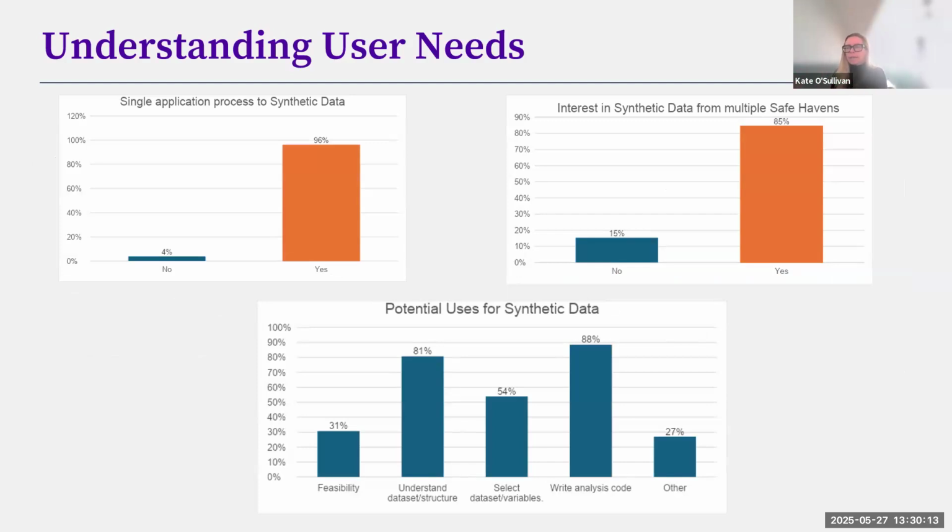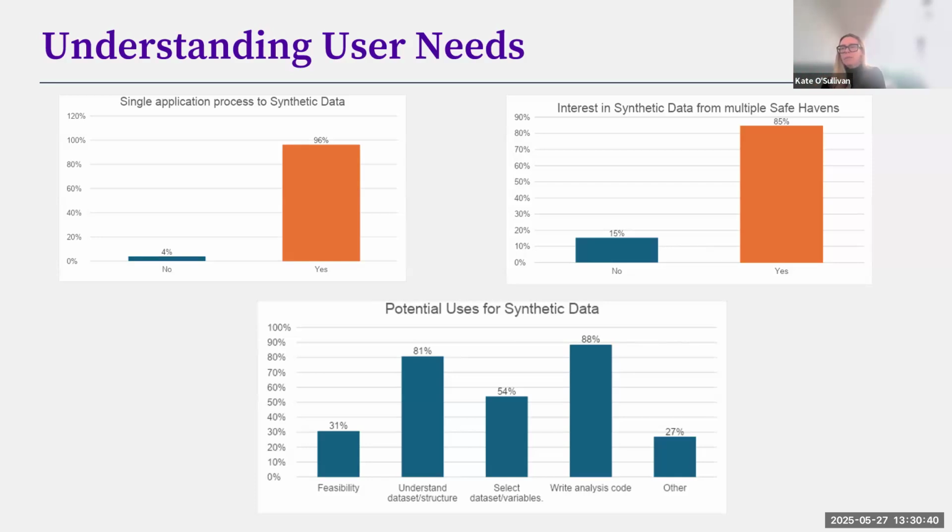Currently, when researchers access data across the safe havens, if they want the regional data held in the regional safe havens, they have to apply for separate permissions to that regional data. So it was very obvious right from the start that they wanted synthetic data, via a single application process, and from multiple safe havens.